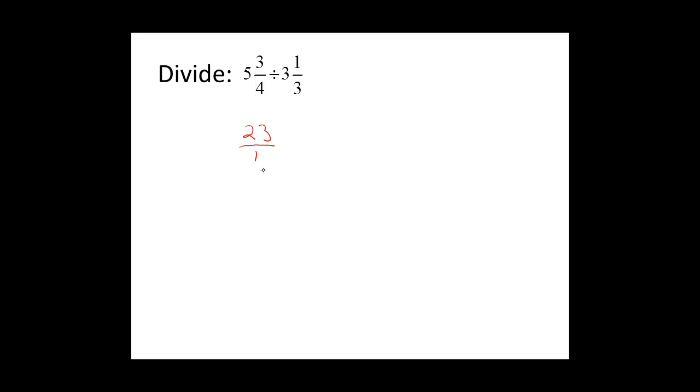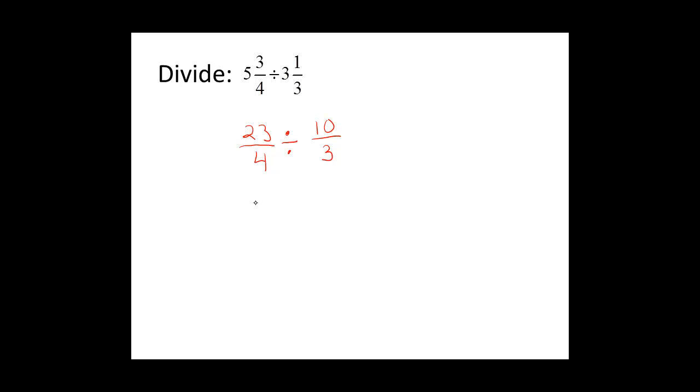We keep the same denominator. We're still writing a division sign here because we're just changing these numbers into improper fractions. 3, the whole number 3, times the denominator 3 is 9, plus 1 is 10, keeping the denominator of 3.